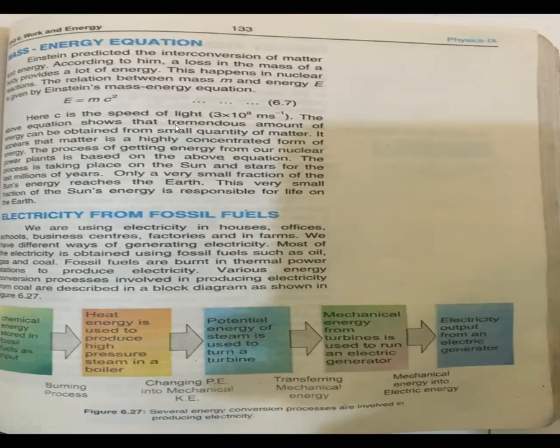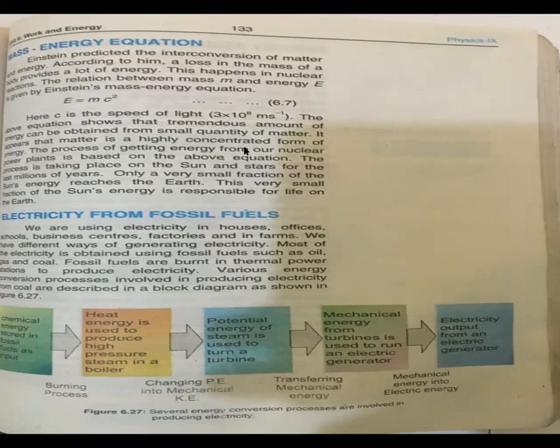The above equation shows that a tremendous amount of energy can be obtained from a small quantity of matter. Matter is anything which occupies space and has mass. It means by using a small amount of matter, we can generate a great amount of energy. So matter is highly concentrated energy.